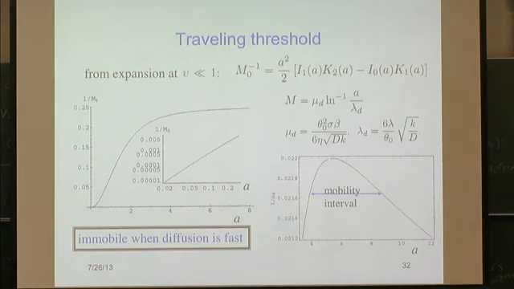Above this peak, nothing moves. But here too, the large droplet does not move, and a small droplet does not move either. Why does the small droplet not move? Because the diffusion within the droplet is fast enough to make the concentration uniform.